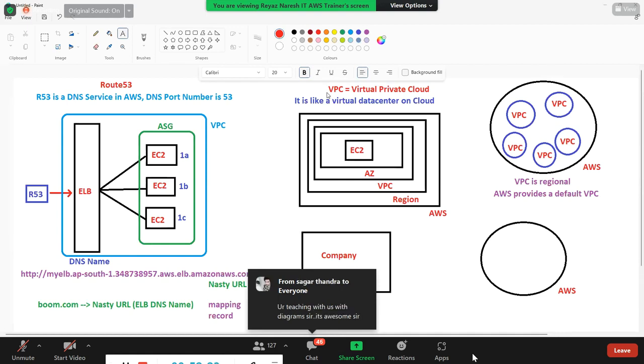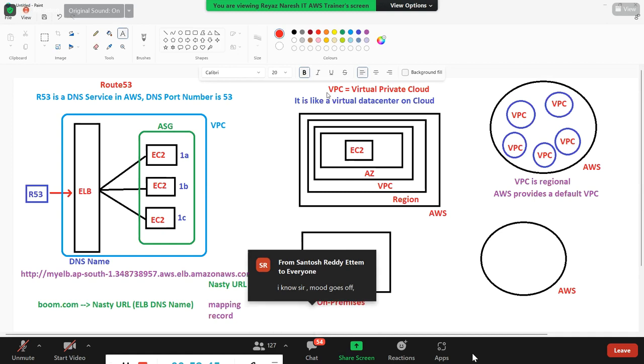Sometimes if I see this kind of thing, I feel very bad and my mood will be off. So we have to be very disciplined. You are in safe hands, and let's go slowly.